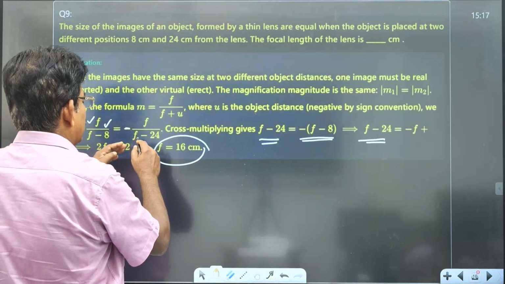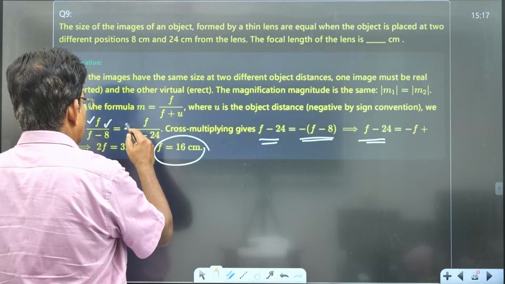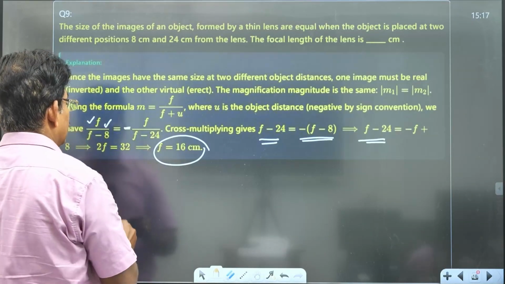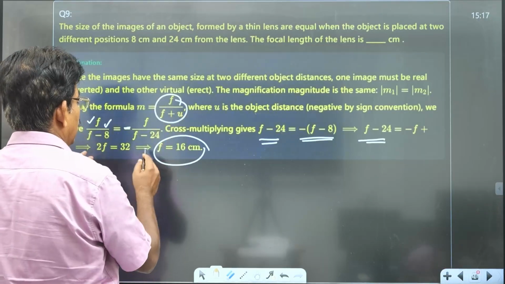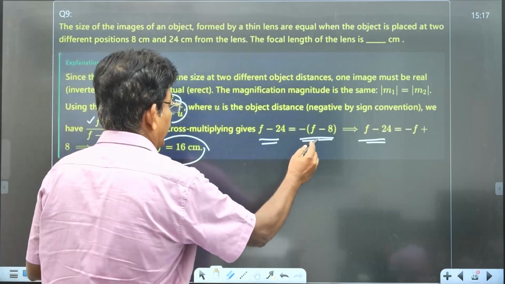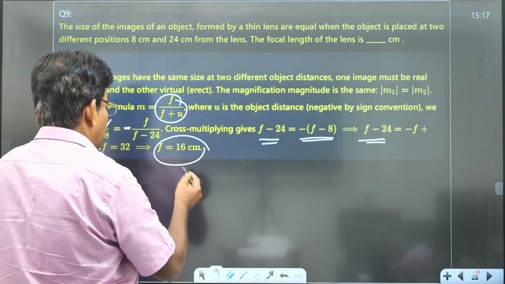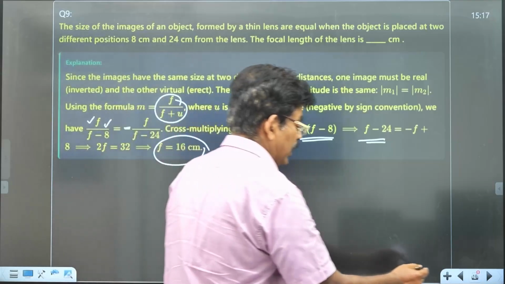This object is kept beyond f, therefore this is a real image, and the magnification is minus. So I equate the formula of magnification. Then numerators are equal, so denominators can be equated. f minus 24 is minus of f minus 8, then we'll be getting the answer. We go to the next question.